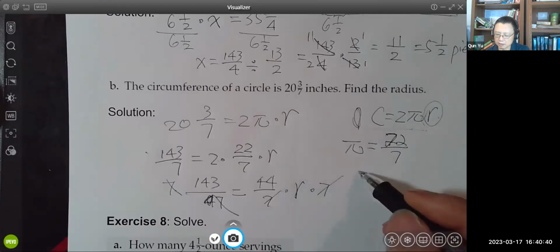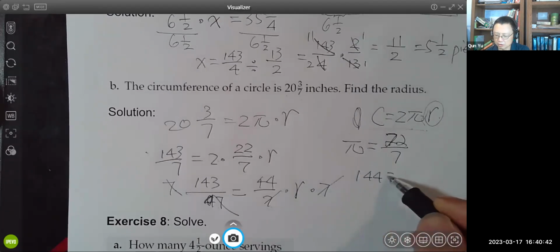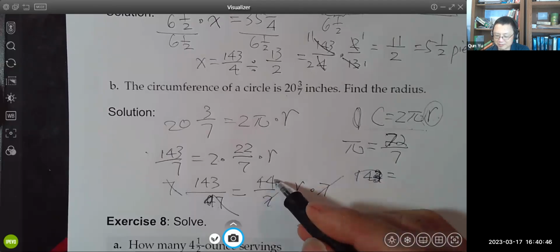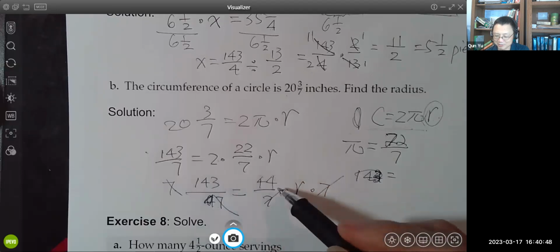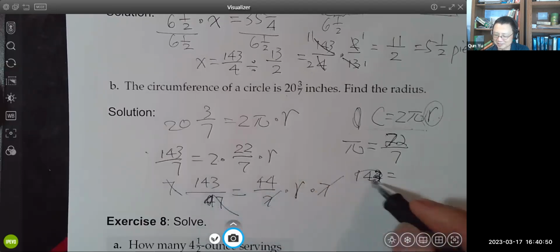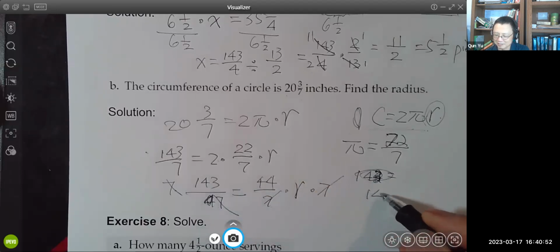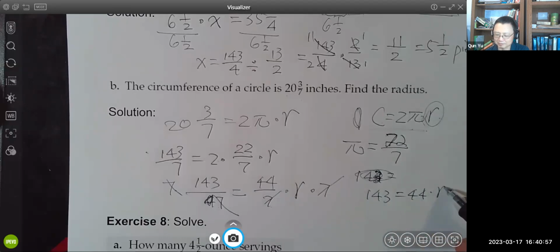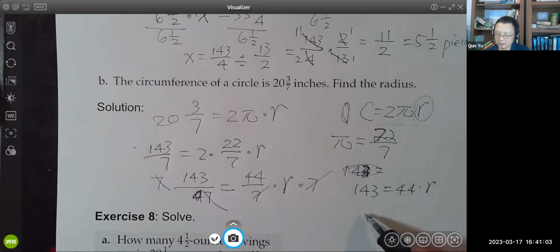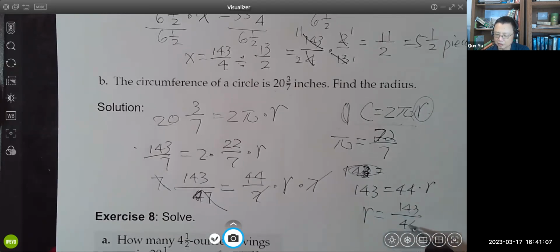So we just have 143 equals 44r. Right? Yeah, radius equals 143 divided by 44.